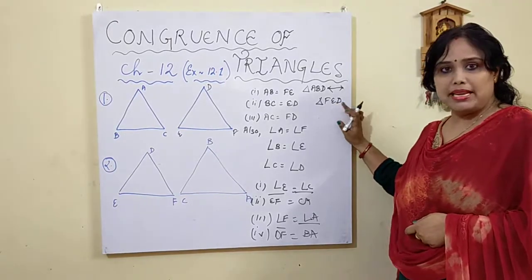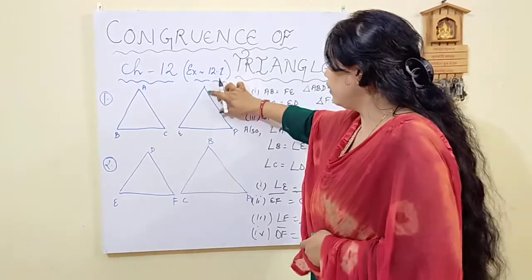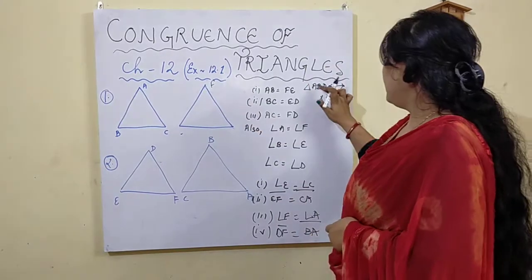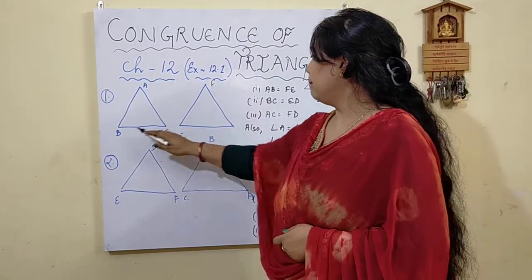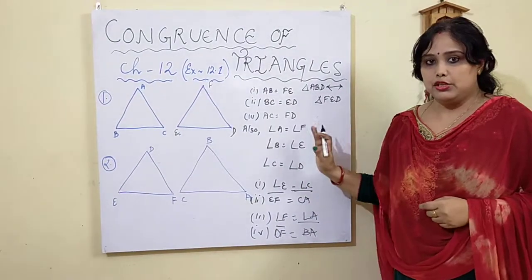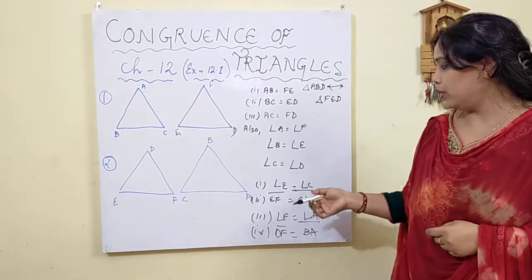So if it is mentioned like this, then you will mark your diagram accordingly and you will write here A to F, B to E and C to D. This way you write.